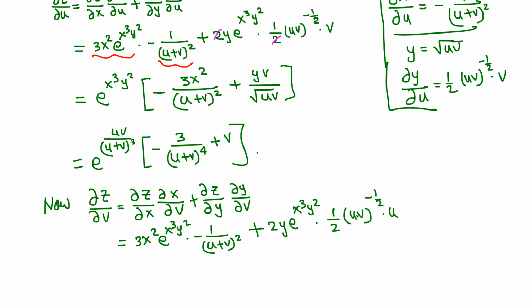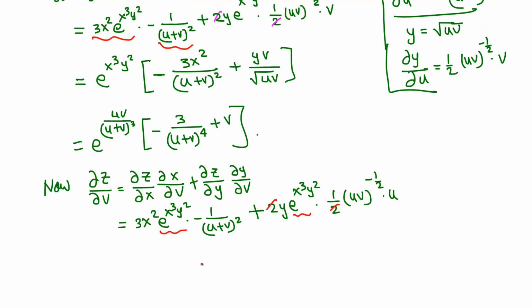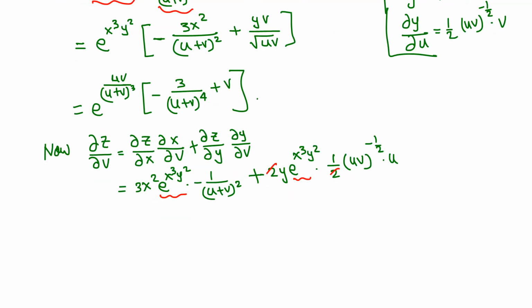When we go inside, the derivative of uv with respect to v is u. We can cancel 2 and 2. Like last time, we can factor these exponential functions outside and replace x and y throughout by the given functions, and that will give us the final answer.